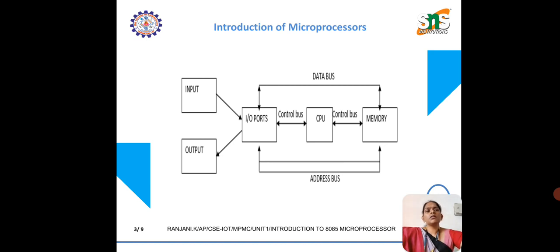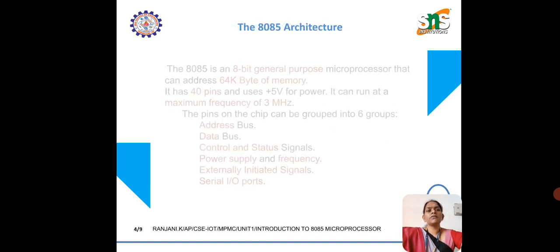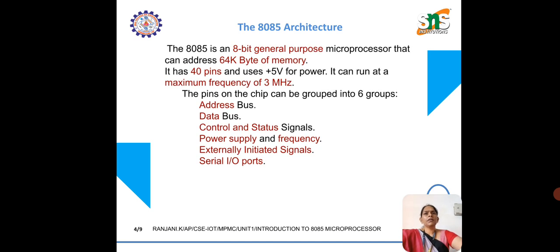Let us see about the 8085 microprocessor. The 8085 microprocessor was designed by Intel in 1977 using NMOS technology. It has an 8-bit data bus and a 16-bit address bus, where you can address up to 64 kilobytes of data.